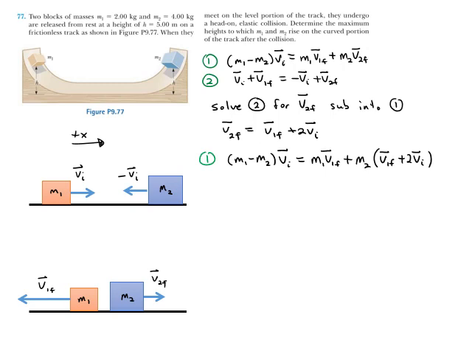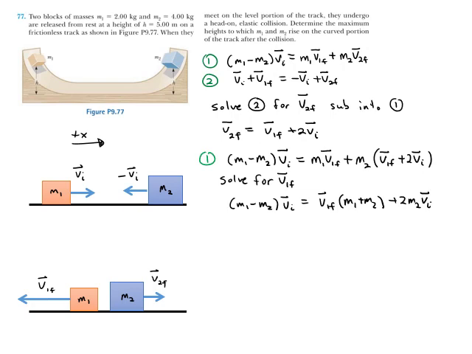And now let's solve this for v1f. So let me clean up the left-hand side. I've got v1f times m1 plus m2 plus 2m2 vi.